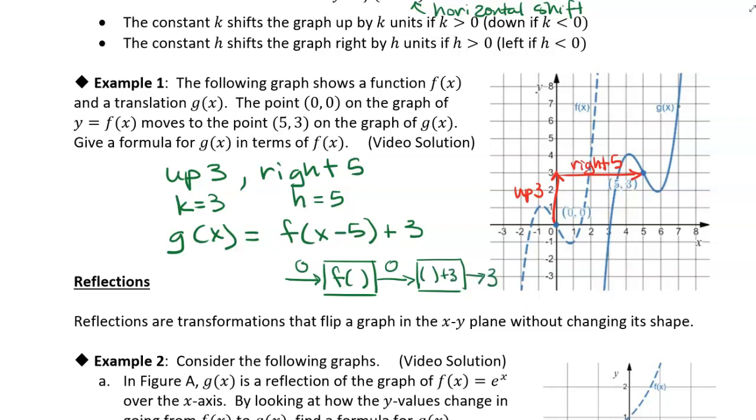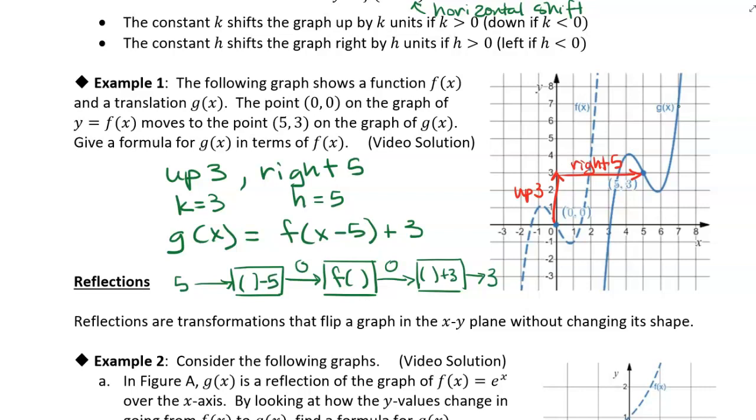Now on the other side, we want to be able to give it 5 and then get 3 out. So what do we have to do to 5 to get 0? We have to subtract 5.